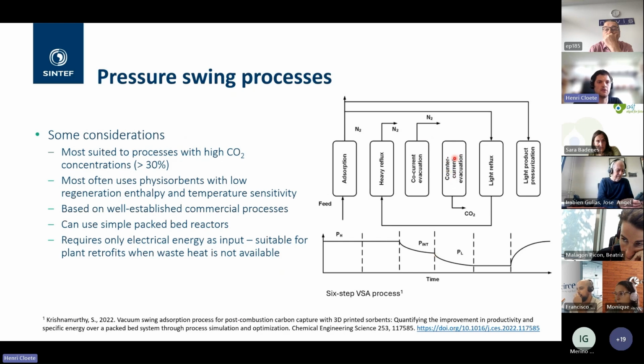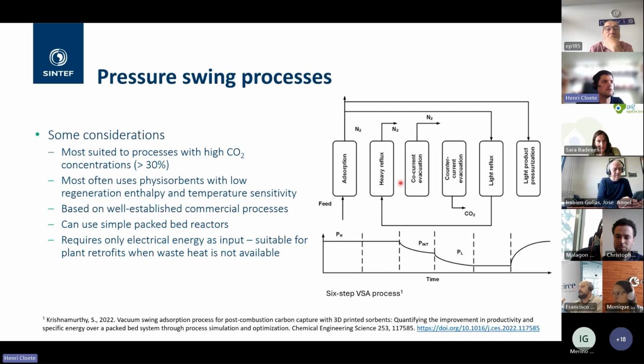Then in the next step, you switch the direction and you draw a deeper vacuum, and then you get out your CO2, which you can have as a relatively pure stream. And then in the end, you use your nitrogen to repressurize your reactor again so that you can go back to the first step. So this is kind of the simplest way to do this.